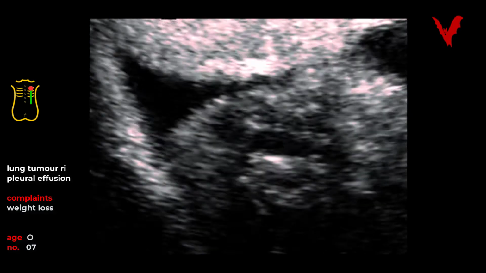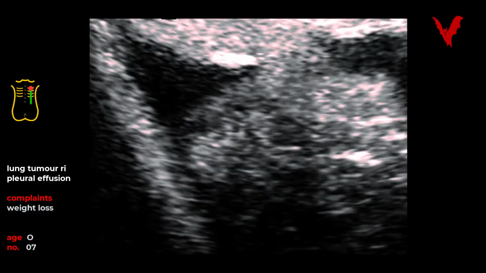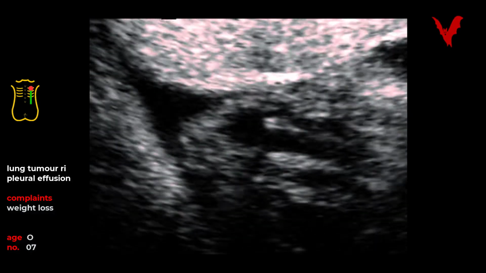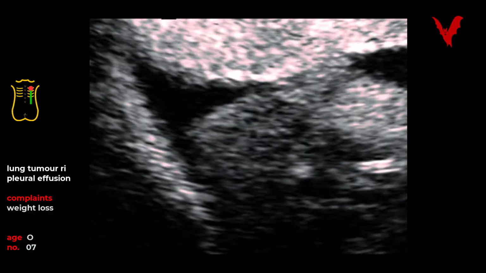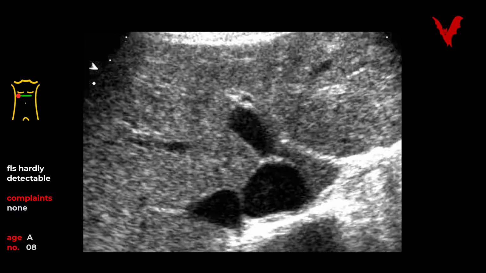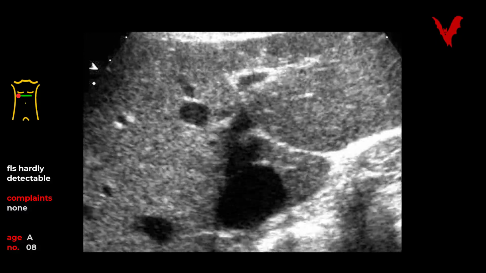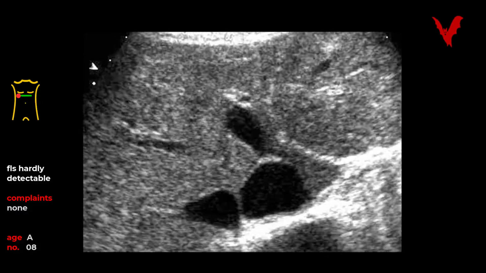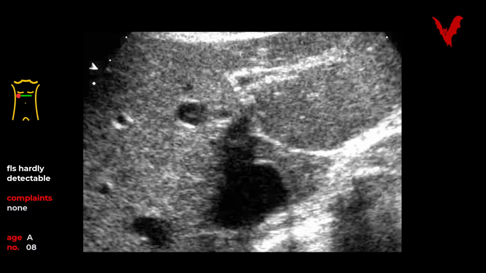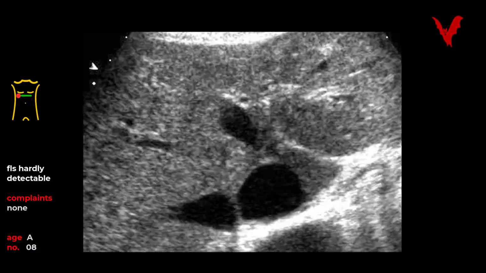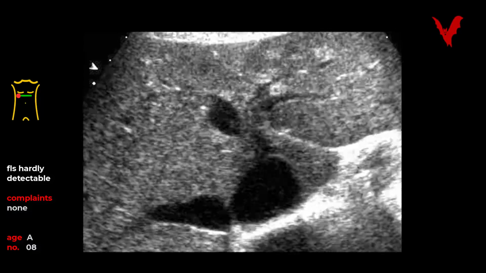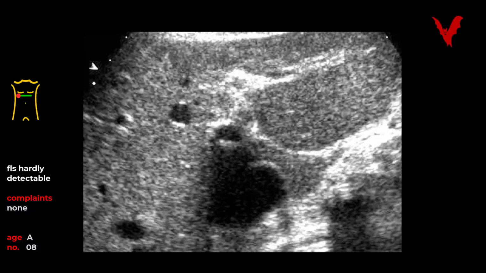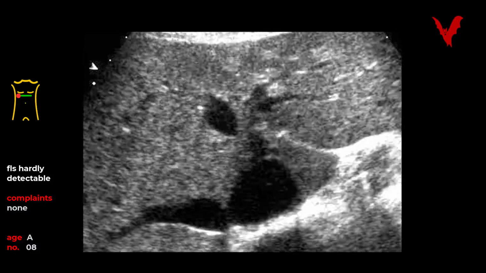And another incidental finding is in figure 7. Anyhow, we also follow the accepted discrimination into A, diffuse changes in reflexivity, and B, focal lesions.